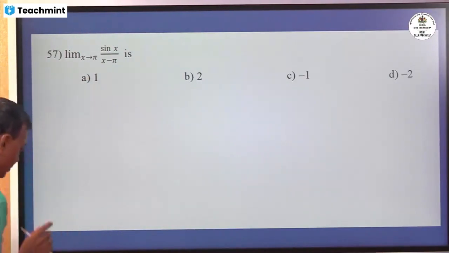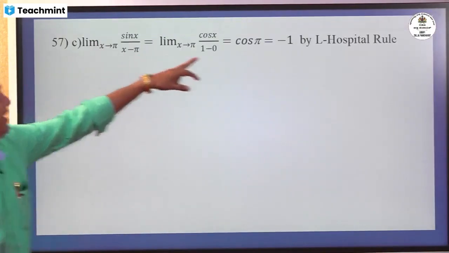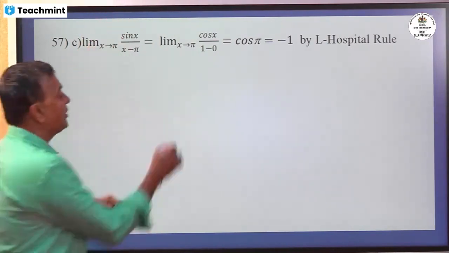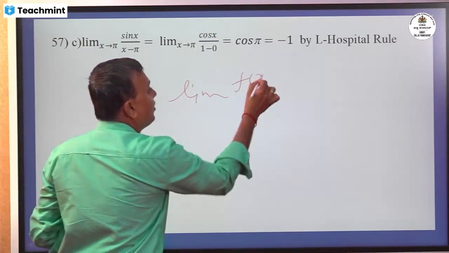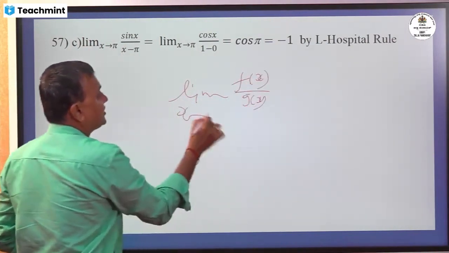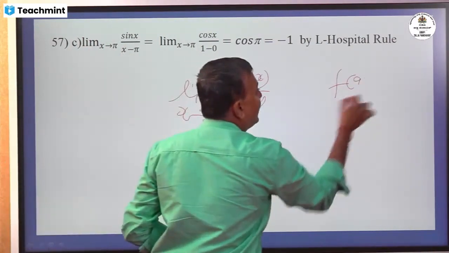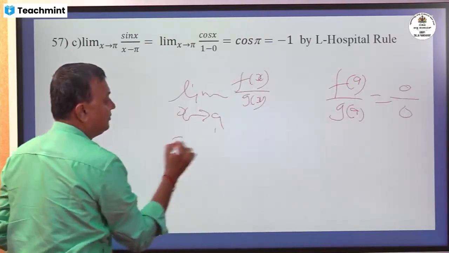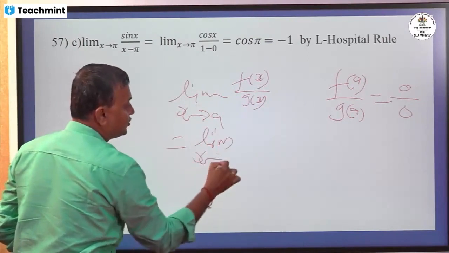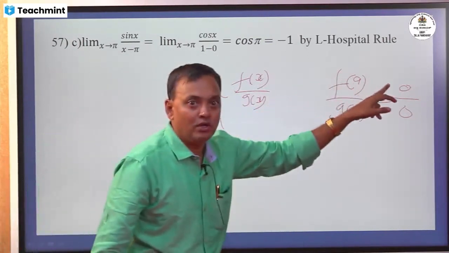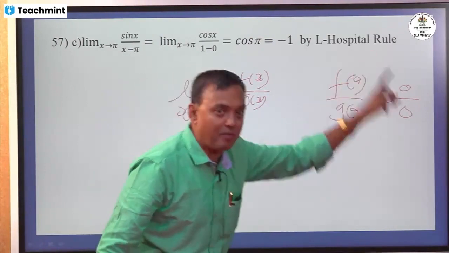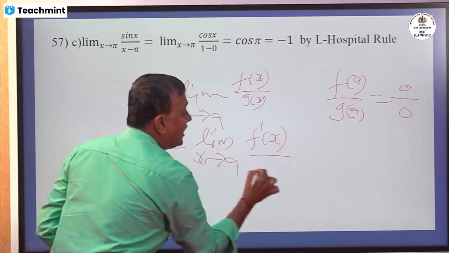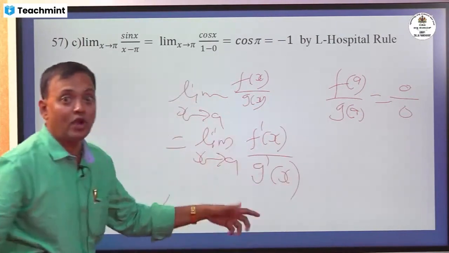So use L'Hospital rule. By L'Hospital rule, limit of f of x by g of x as x tends to a, if f of a by g of a goes to 0 by 0 form, then substitute the value, and differentiate numerator and denominator separately, not by quotient rule.